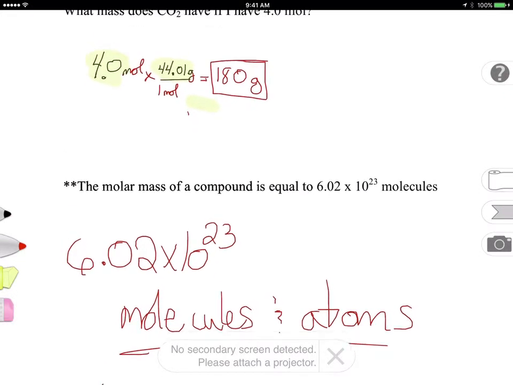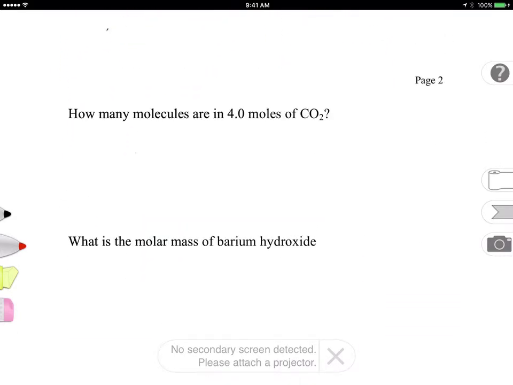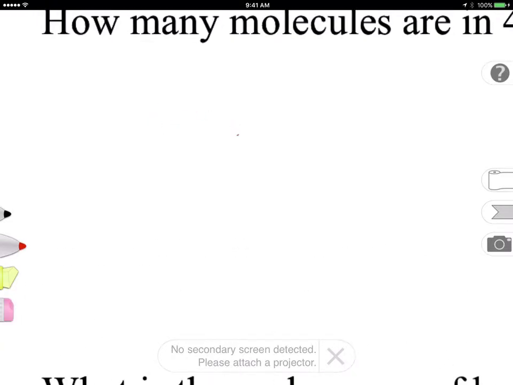Okay. Continuing on here, how many molecules are in that 4.0 moles? So we're going to start off with what I'm given again, which happens to be 4.0 moles, and we need to know atoms, or not atoms, molecules.